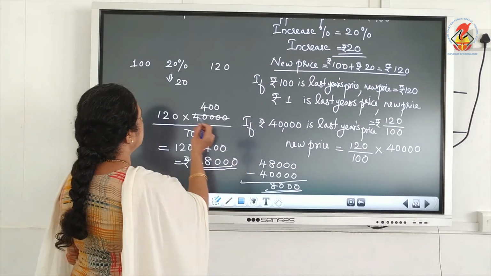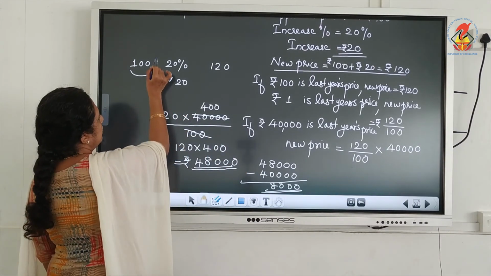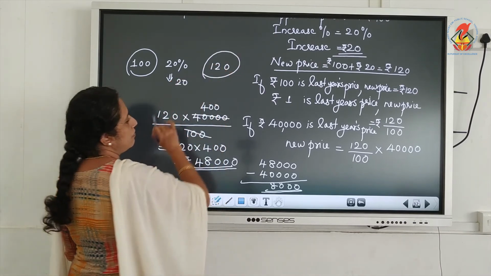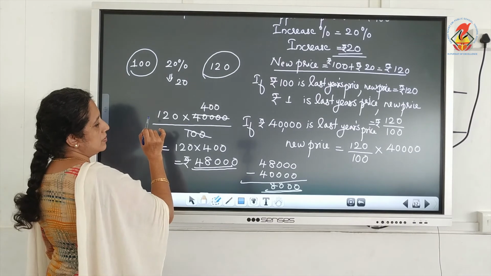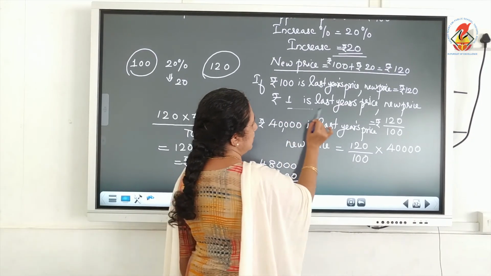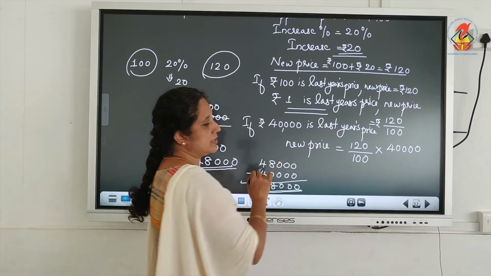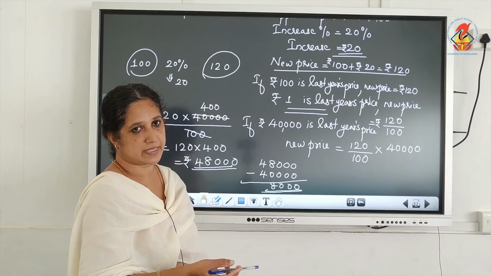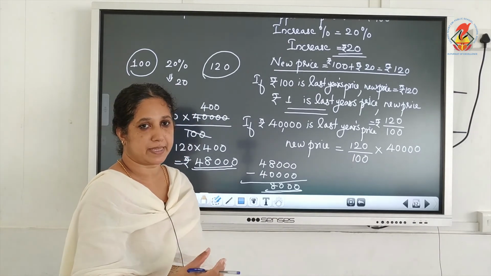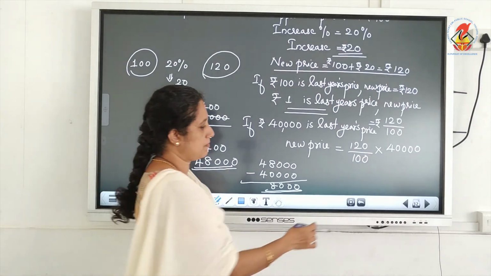Initially, for 100 rupees, a 20% increment means the new price will be 120. Then we find the unit quantity, and after that we can find the new price. For most percentage problems, we can apply the unitary method also.